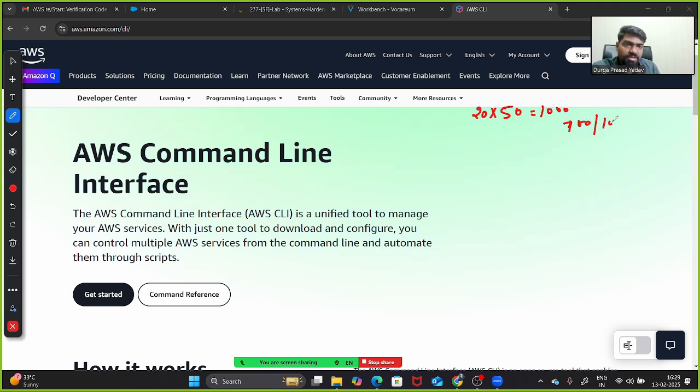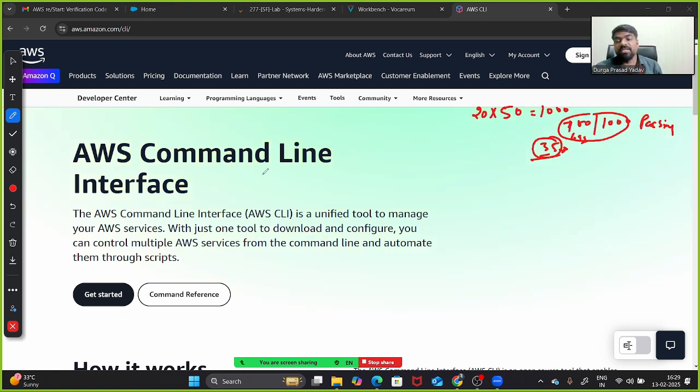From that 1000, the passing mark means that 35 questions should be correct. And if it comes to 699, even then you will fail.